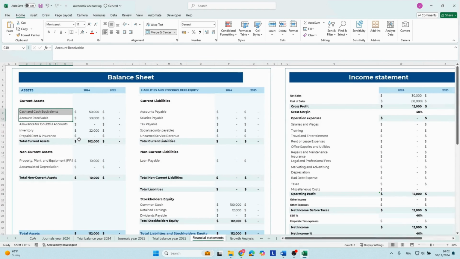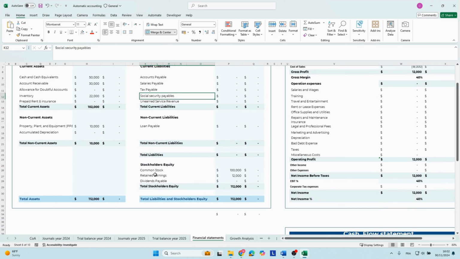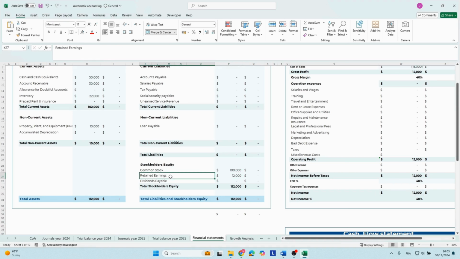Let's go to the financial statement. Our inventory becomes 22,000 and liabilities remain the same. And you see there is movement in the retained earnings. So what is 12,000? This is automatically shown in the income statement. For the retained earnings, as you see, the formula is linked to the trial balance.